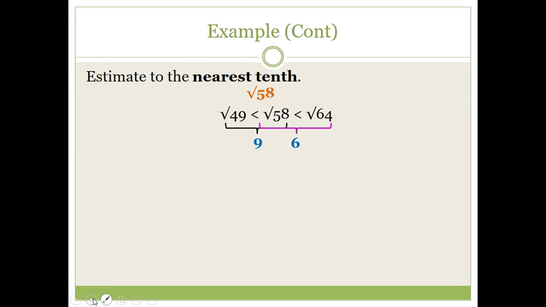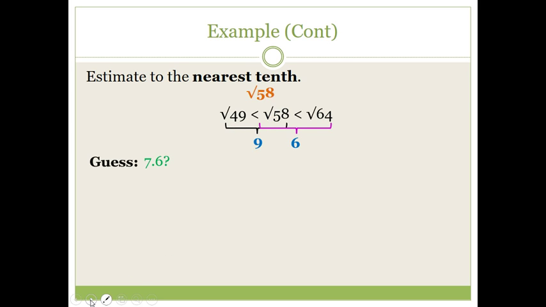And if I look at the distance between 58 and 64, it's 6. It's a smaller number, so I'm guessing that the square root of 58 is a little bit closer to the square root of 64, which is 8, than it is to the square root of 49, which is 7. So we know this number is between 7 and 8, and now I know it's a little bit closer to 8 than it is to 7.